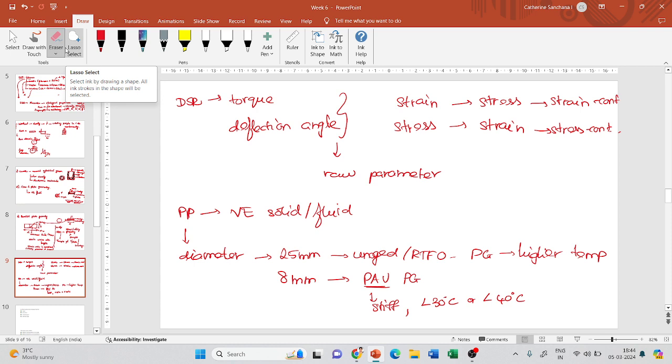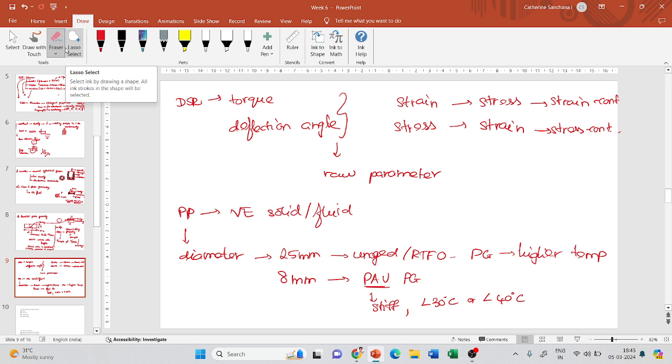At higher temperatures, what will happen if you go for a geometry with lesser diameter? The equipment may reach the lower torque capacity, which means the torque required is very little and the data becomes noisy. So it is for these reasons we have these two kinds of geometries.